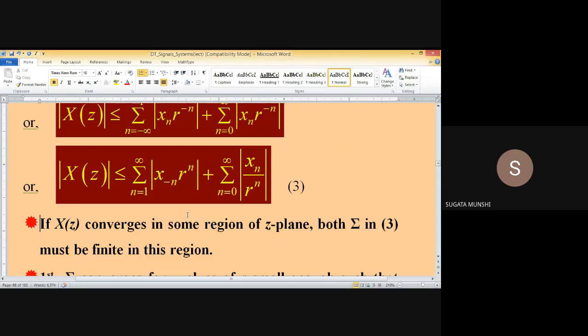So in effect, for the magnitude of X(z) to be finite, magnitude of z should be greater than r1, less than r2. That means the magnitude of X(z) is finite over an annular region in the z plane, a ring-shaped region, with inner radius r1 and outer radius r2.